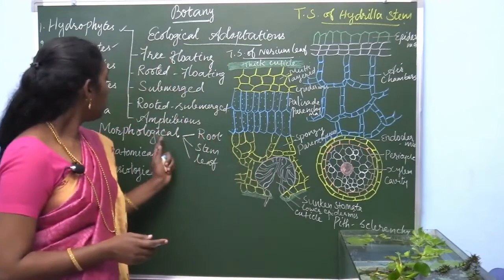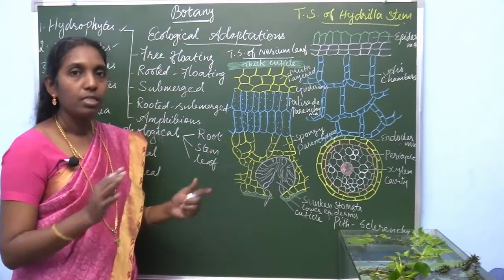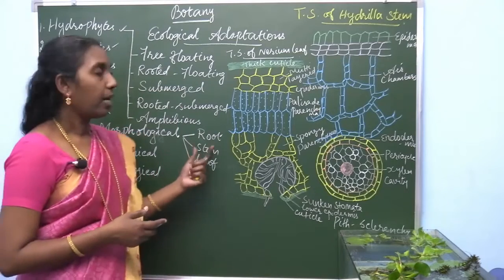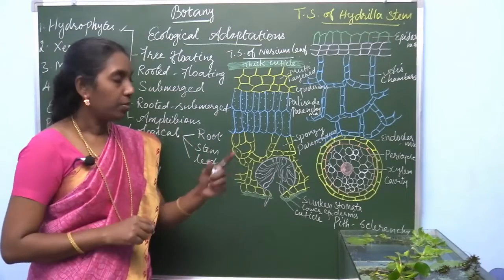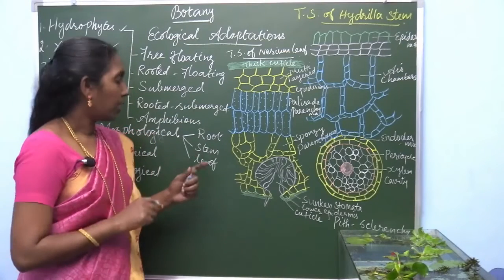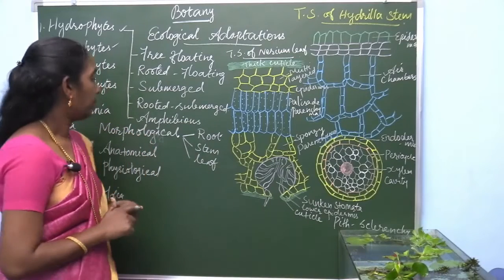So, when you write about the root morphological characters, the root is completely absent in Wolffia, poorly developed in Hydrilla, a rooted submerged hydrophyte, and well developed in Ranunculus.